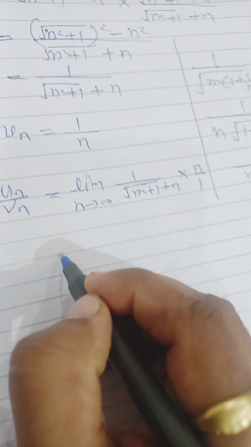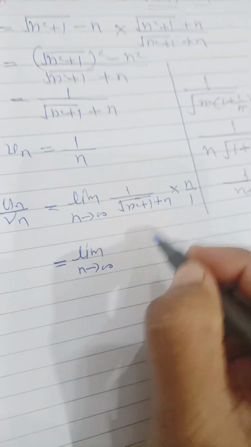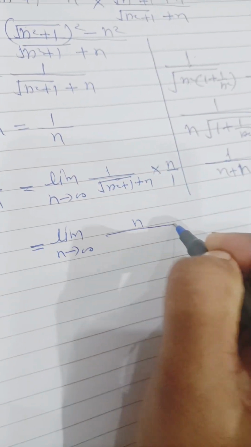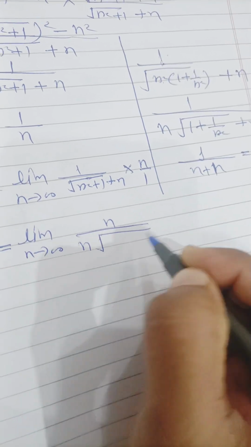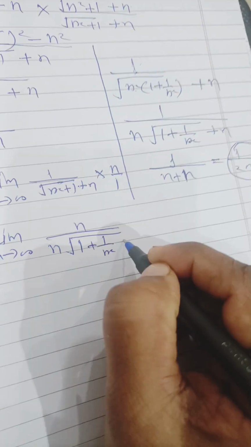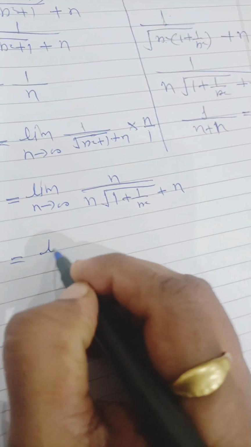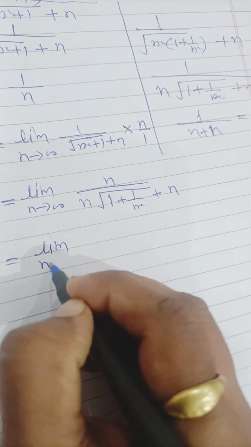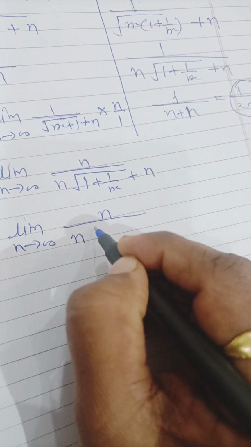So, limit n tends to infinity n upon, if we take n common here, then we have already solved this here in rough. So, we can directly say n in root 1 plus 1 by n square plus n. So, limit n tends to infinity n, and here it is n.